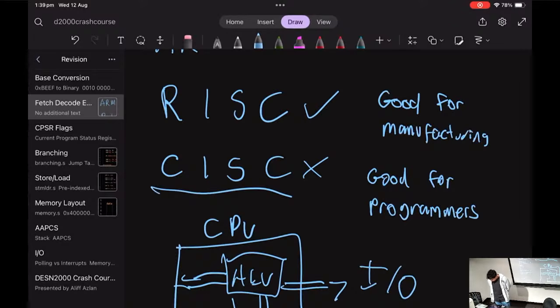So which is why you notice RISC processors tend to be used in embedded systems, because we want to save cost as much as possible. Whereas compared to, say, your laptops, you're probably running some form of Intel processor where you want to get the most power, or more processing power, out of it, right?